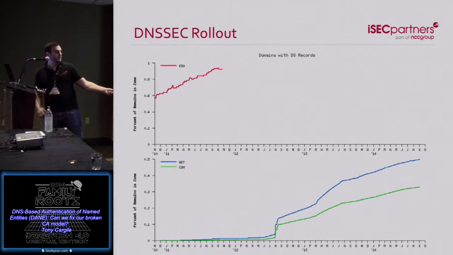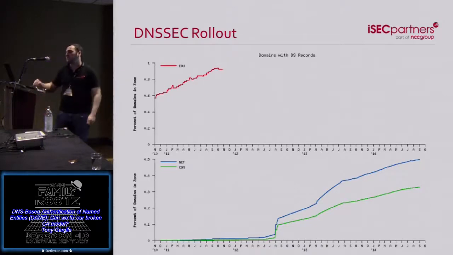This is 2013 and 2014, and this is the adoption rate of DNSSEC. The green would be .com, this is .net, .edu, and at .com we're right about 0.3% of all domains actually using DNSSEC right now, which is a pretty surprising number.